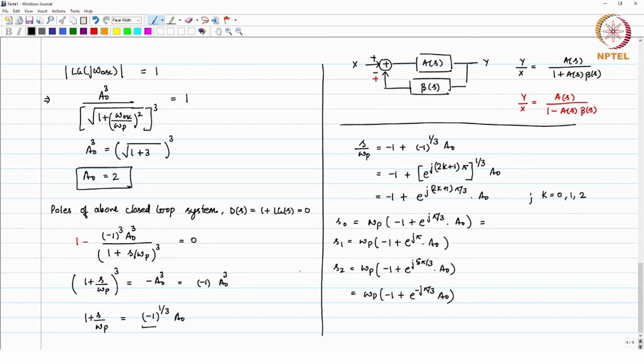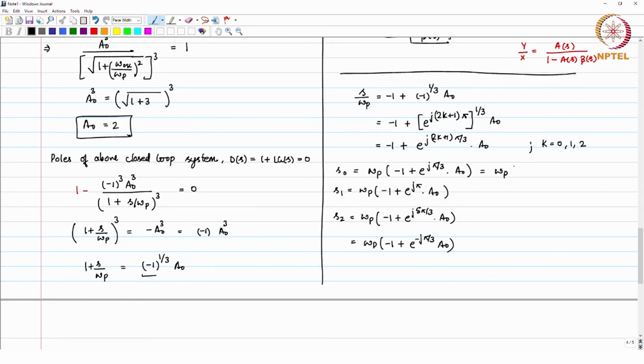Okay. So, I will just expand this: ωp times minus 1 plus A0 times cosine of π/3 is half, sine of π/3 is j√3/2. This one, e^(jπ), is minus 1. So, this is ωp into minus 1 minus A0, and this value is going to be ωp into minus 1 plus A0 times half, this is minus π/3, so half minus j√3/2.